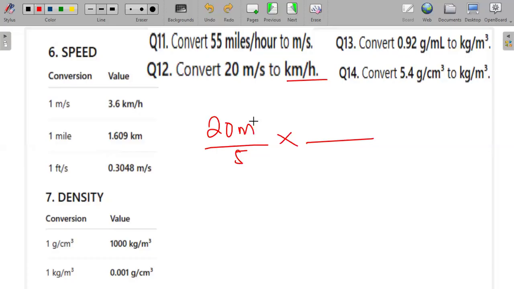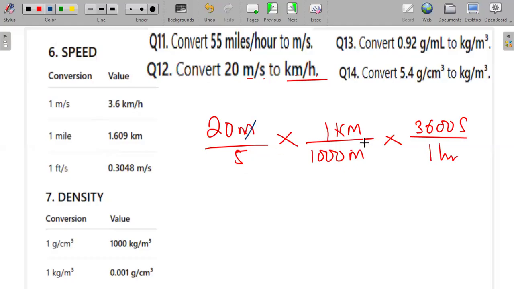I know that I'm converting from meters to kilometers, seconds to hours. So 1000 meters is equivalent to 1 kilometer, so that meter and meter cancel, and then multiplied by 3600 seconds is equivalent to 1 hour, so that second and second cancel out.